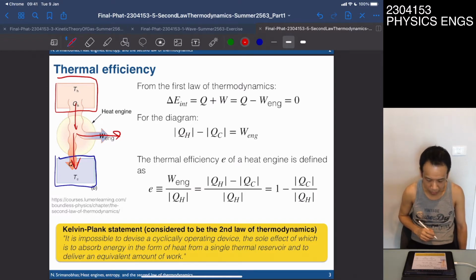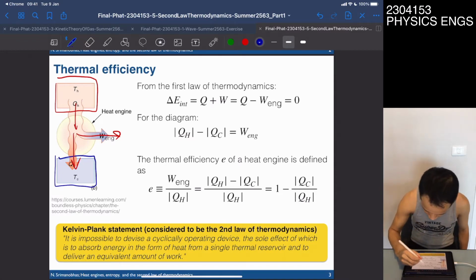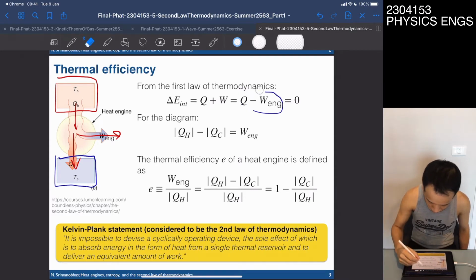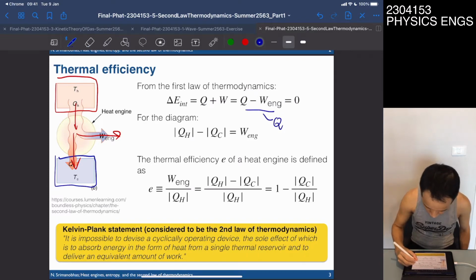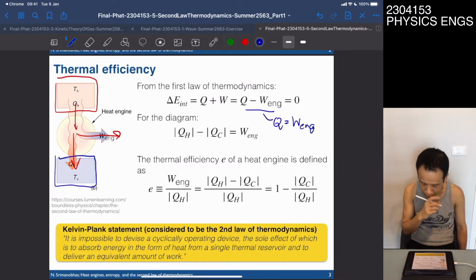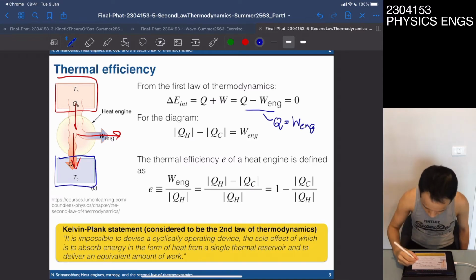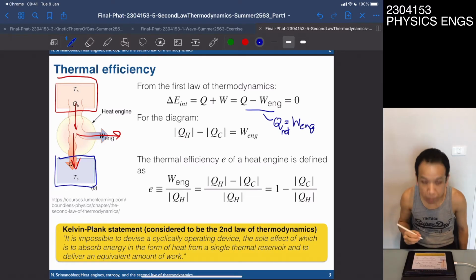So from the diagram, you get Q equal to W engine, and this Q is Q net.